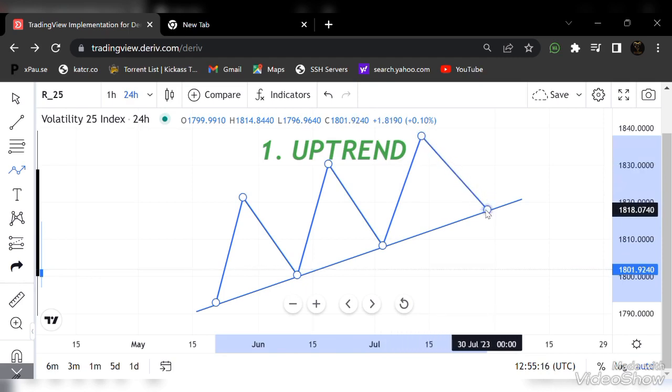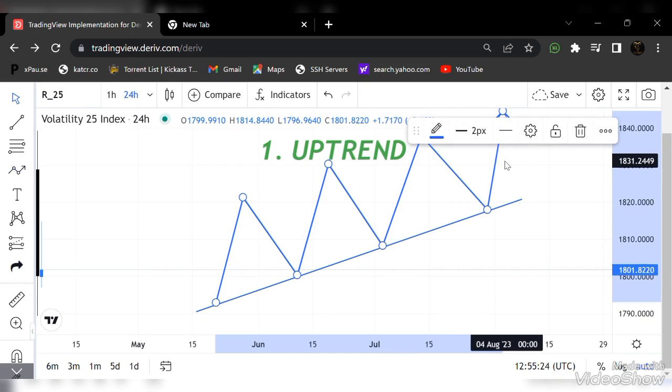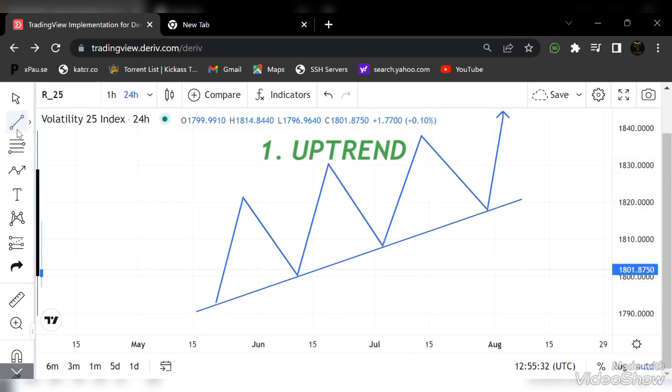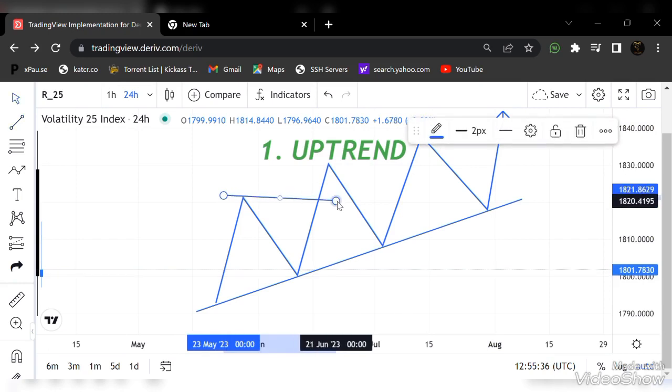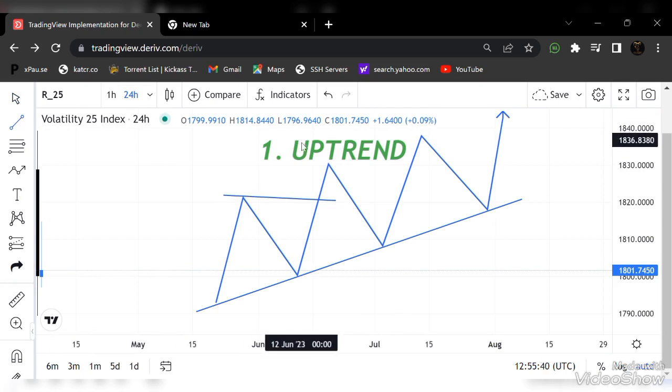So that's how we identify whether we are in an uptrend or in a downtrend. If the price is creating higher highs and higher lows, it indicates that we are in an uptrend, and price will be breaking the highs, as you can see right here. Price will be breaking the highs like this.